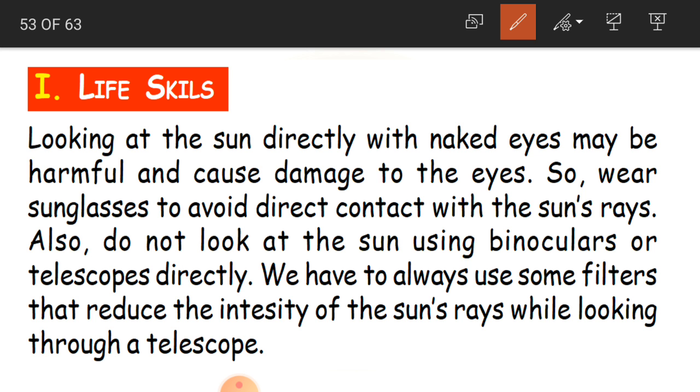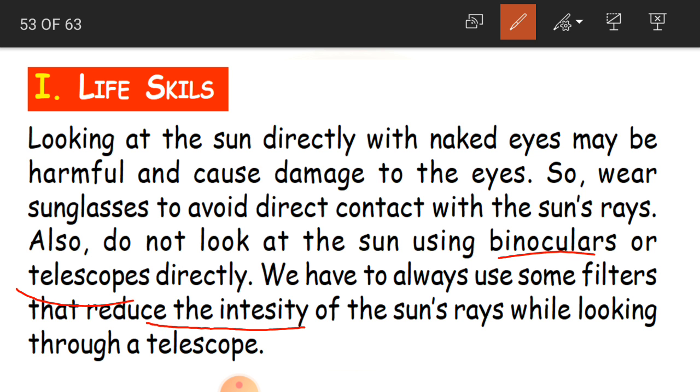You will have some filters, so you fix that filter to the binoculars or the telescope, and then you can see the sun rays. Because these filters reduce the intensity and sharpness of the sun rays, which would otherwise affect our eyes.